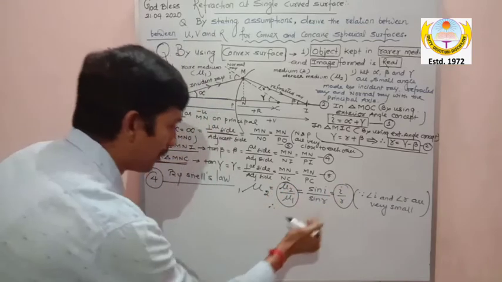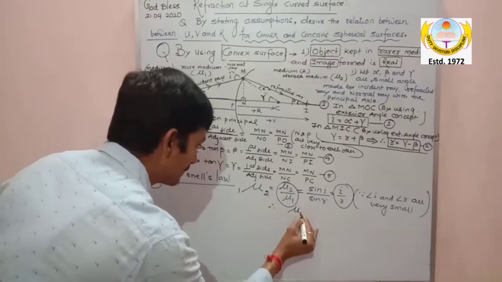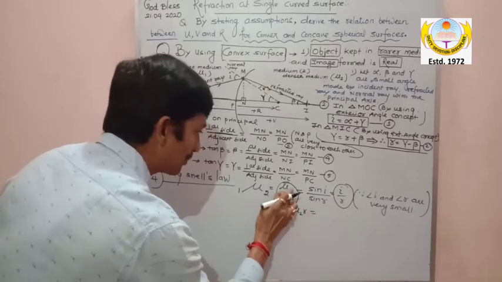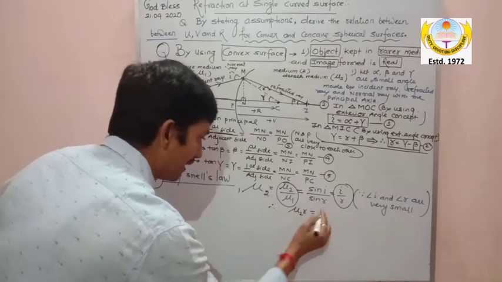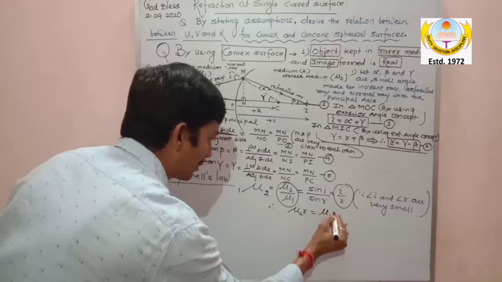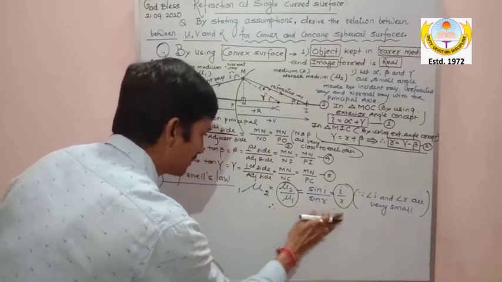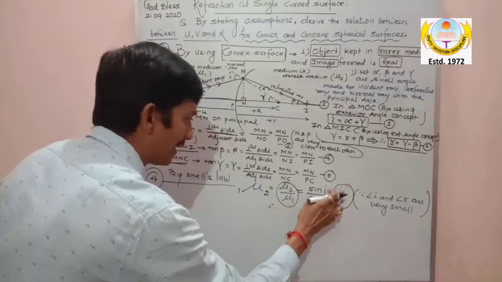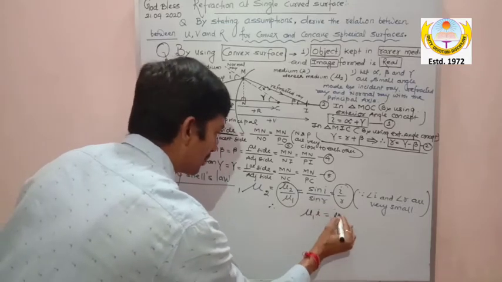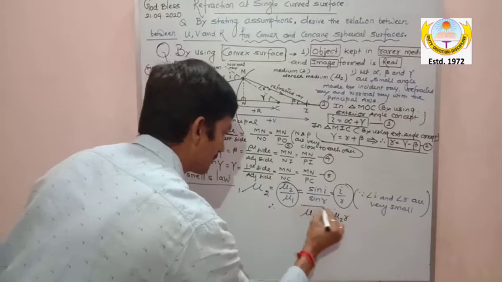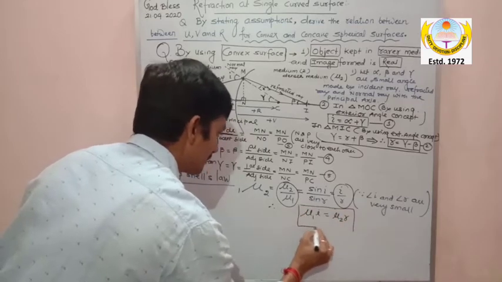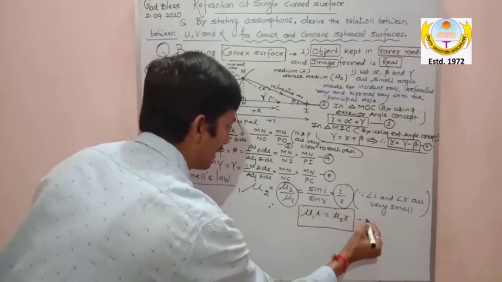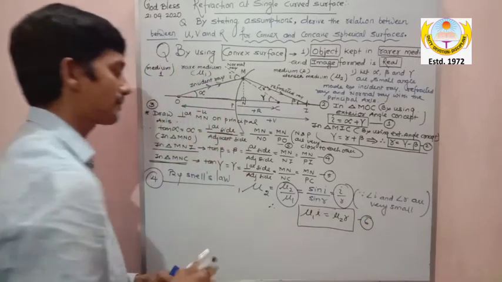So mu 2 into R is equal to mu 1 into I, or I can write mu 1 into I is equal to mu 2 into R. This is my equation number 6.